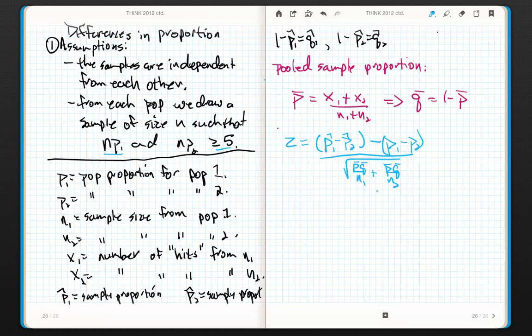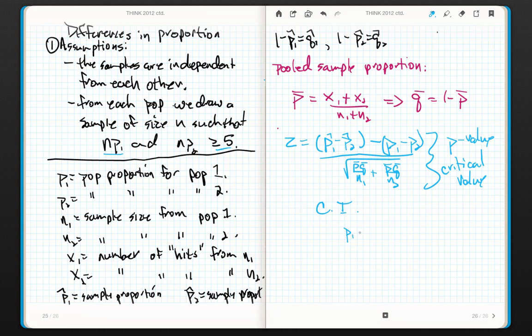That's the z, okay? This is the one that we're going to use if we want to do a p-value or a critical value. And then for a CI, you can almost look at it and figure out exactly what it is. Check it out.